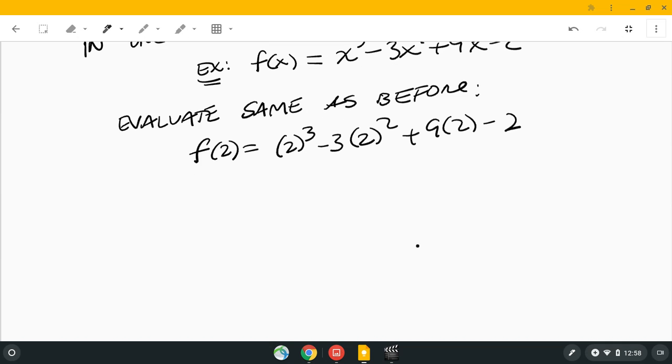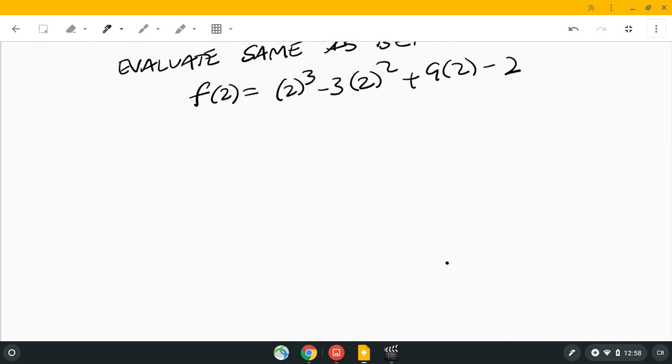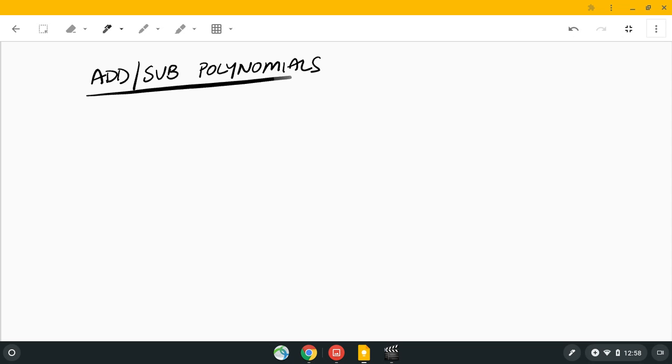All right, so what we want to focus on here is adding and subtracting polynomials. Okay, so let's take a look at that. So what we end up doing is combining like terms.